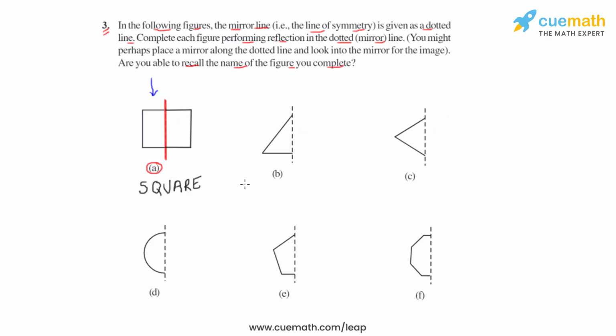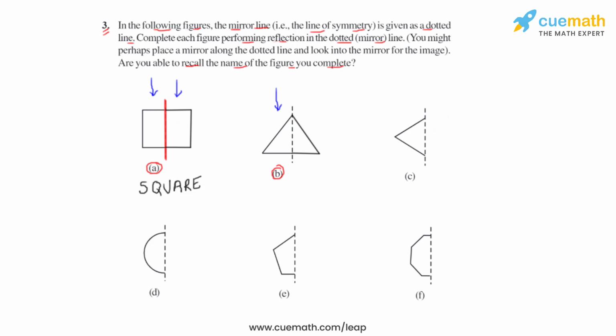Let us now see what happens in figure B. Again in figure B, we see that we have one half of the figure as given here, and if we use this mirror line for the reflection of this one half, this would be the other half of the figure, and hence this would be the complete figure after mirror reflection.